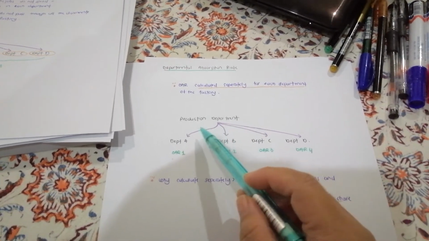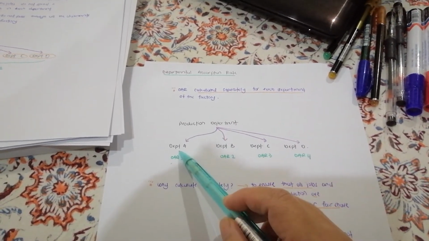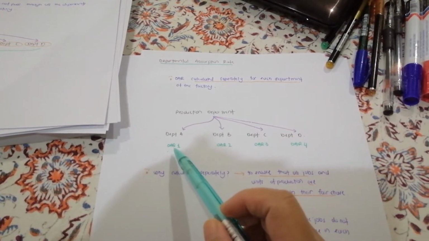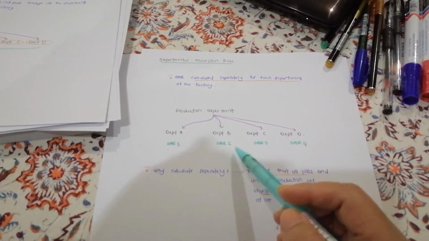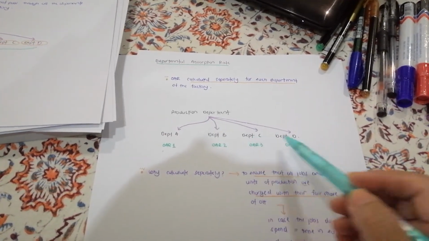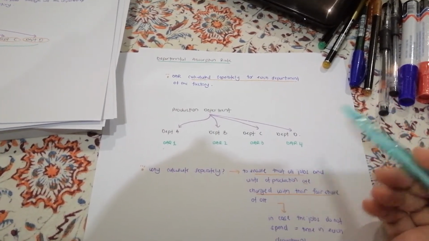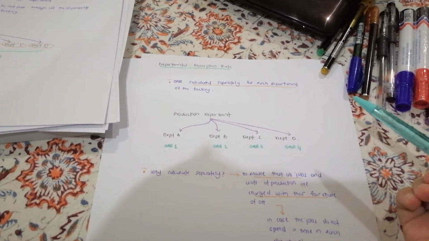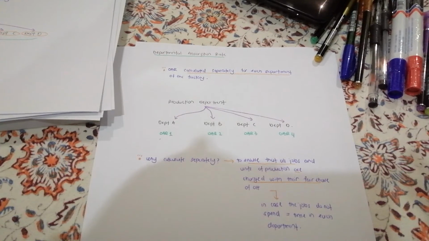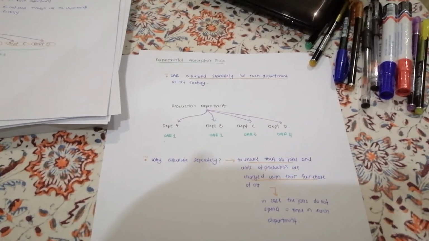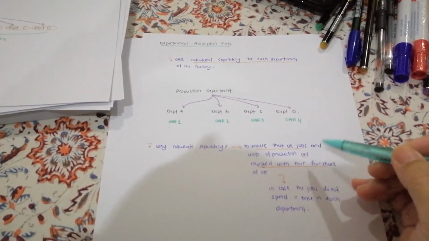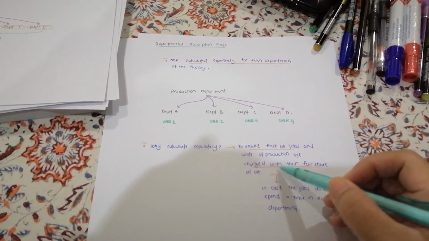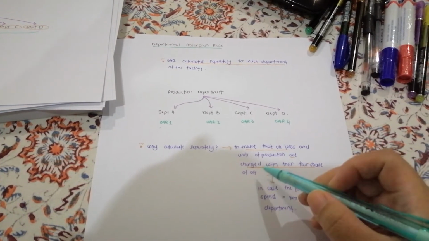Contohnya kat sini, under production department, ada production department A, B, C and D. So they choose method 1 untuk A, 2 untuk B, 3 untuk C, 4 untuk D. Kiranya setiap department guna method yang berbeza. So kenapa diorang gunakan method yang berbeza? Sebabnya, to ensure that all jobs and units of production are charged their fair share of overhead.